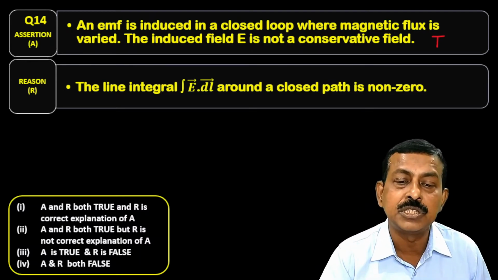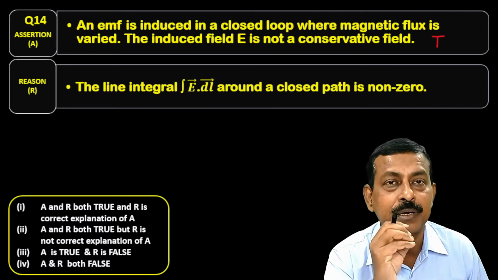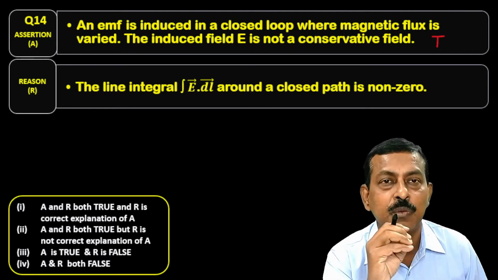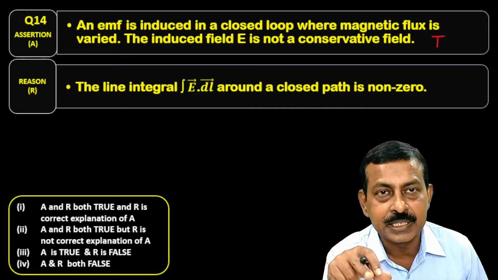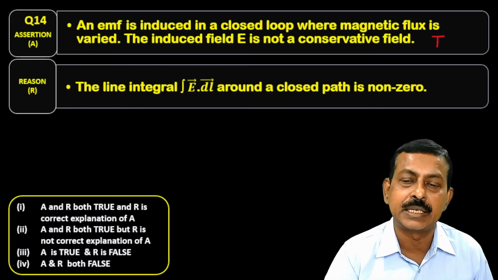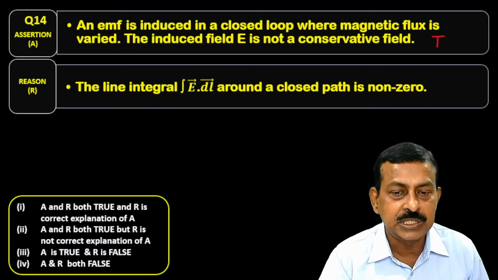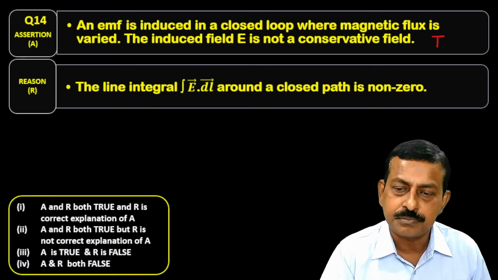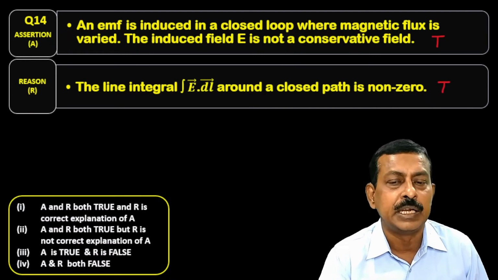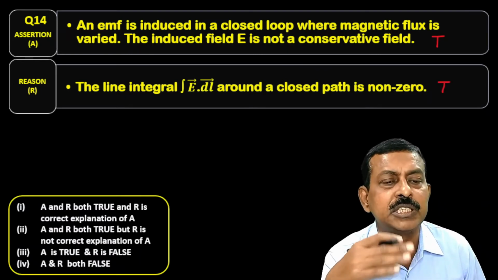Because if it were a conservative field, then it would be 0. For any conservative field, the line integral over a closed loop is 0. Since this one is non-conservative, it is non-zero. This is also true. Now let's see the two statements together.